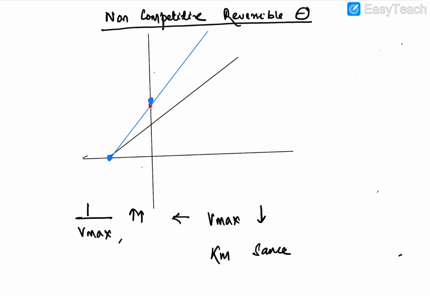So in these two new points we are getting, if we draw a line between these two points, we get a curve like this. So this is the curve that we will get when we add a non-competitive reversible inhibitor to an enzyme substrate complex. Hope this cleared the reversible inhibitors and Lineweaver Burk plot for you.